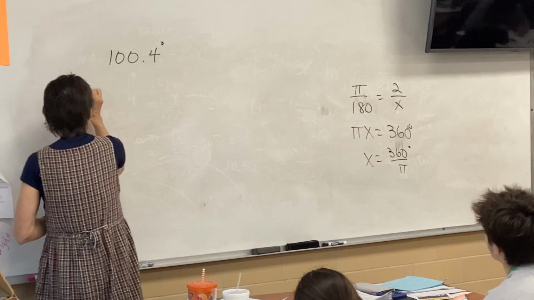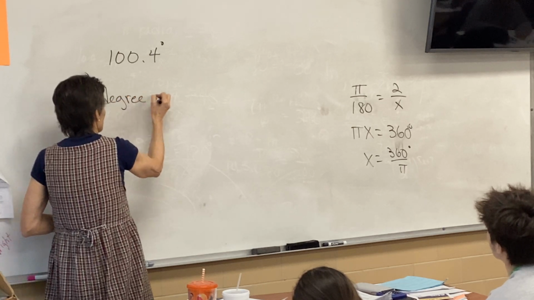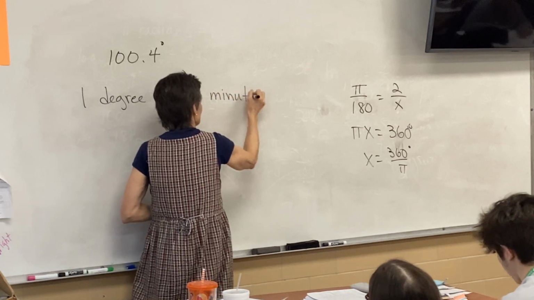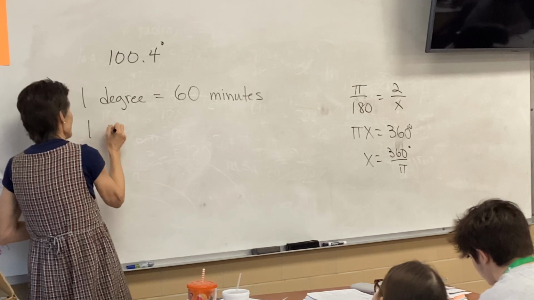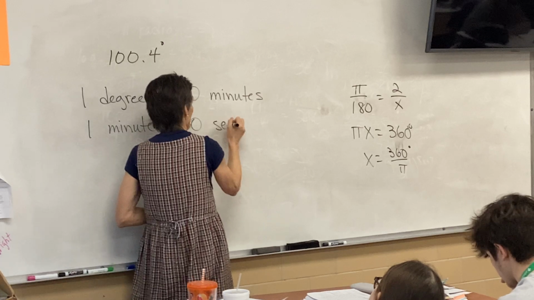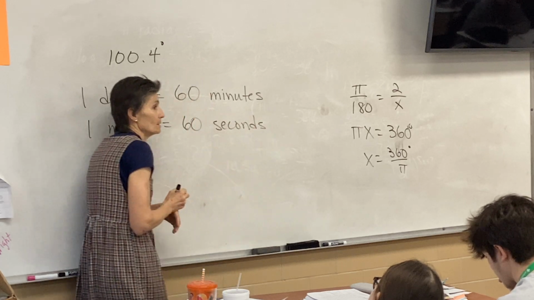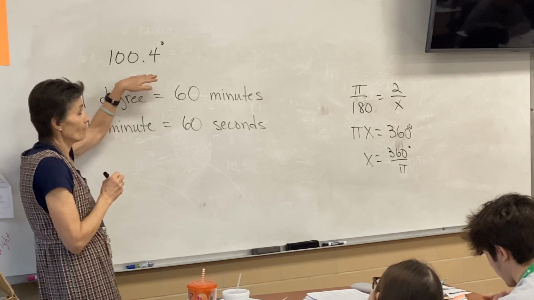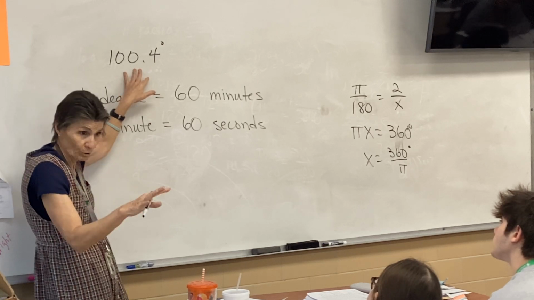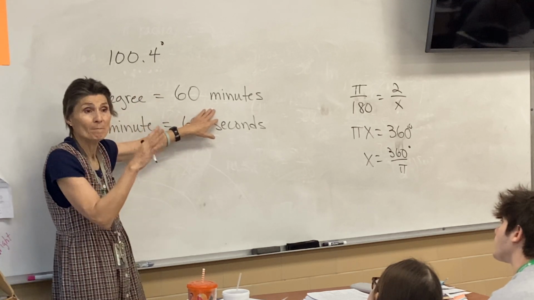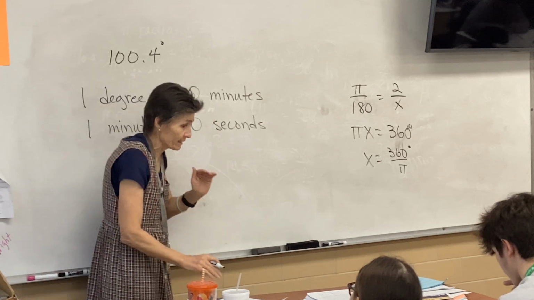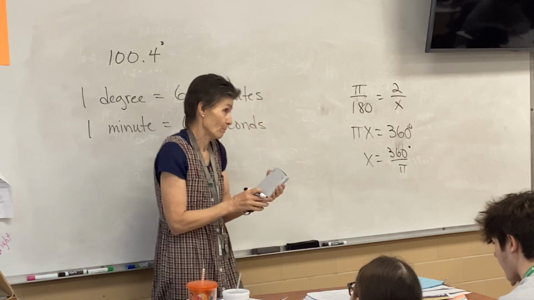So a degree can be divided up into 60 smaller pieces called minutes. And then a minute can be divided up into 60 smaller pieces called seconds. So instead of using a decimal degree, we could say this is 100 whole degrees and then some minutes. In the old days, we used to have to figure all that out by hand. You are lucky because your calculator does it for you, okay?